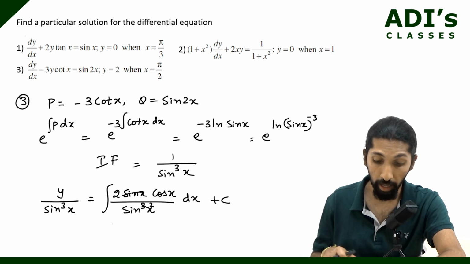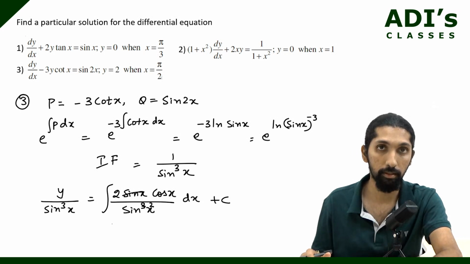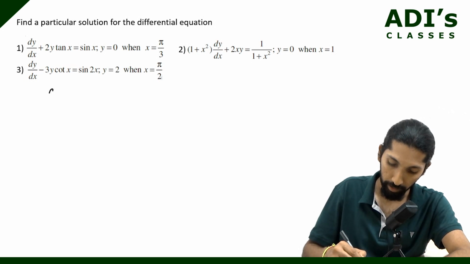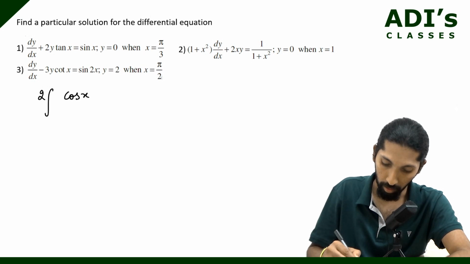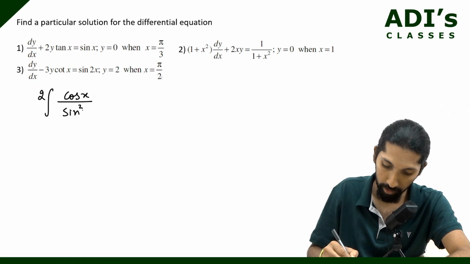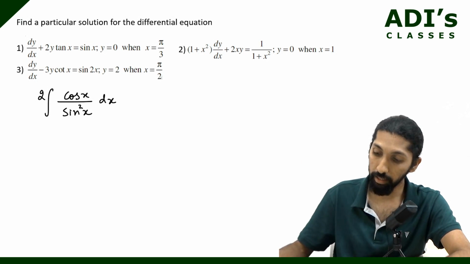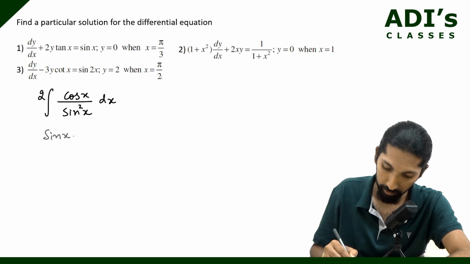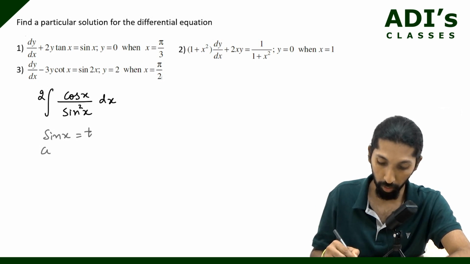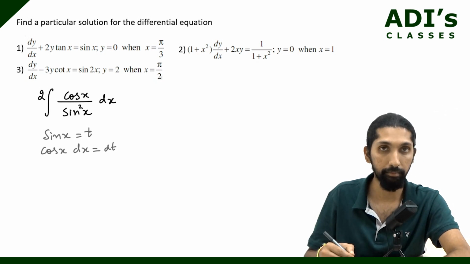So let's do the RHS part now. LHS is there, of course, but RHS is more important for us. See, we have integral of 2, keep it outside, cos x by sine square x dx, correct? Now take substitution method. Take sine of x as t. So cos x dx becomes dt, isn't it?